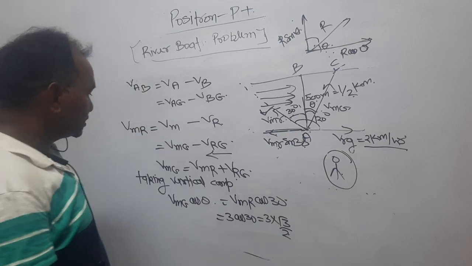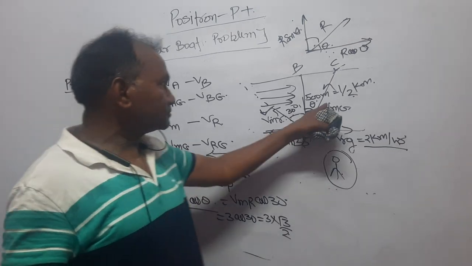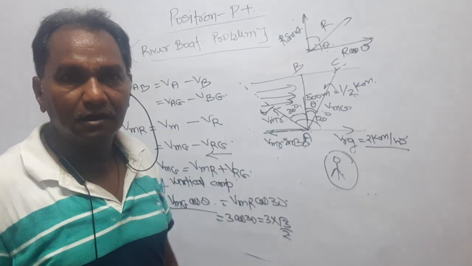Now, dear student, vertical component of this you have got VMG cos theta, right?